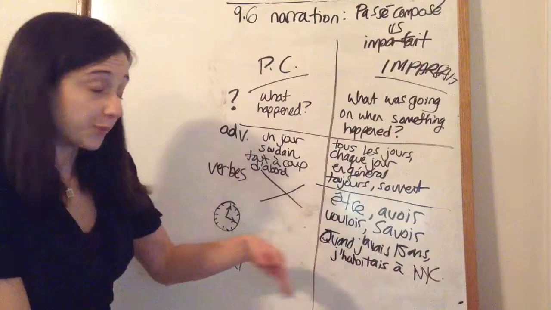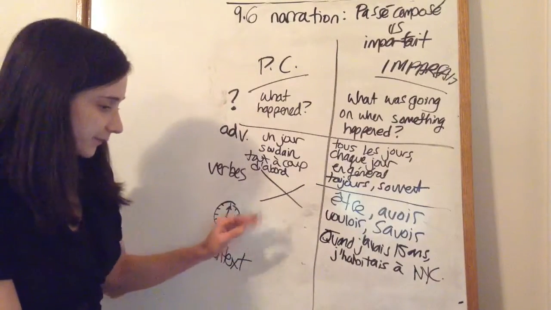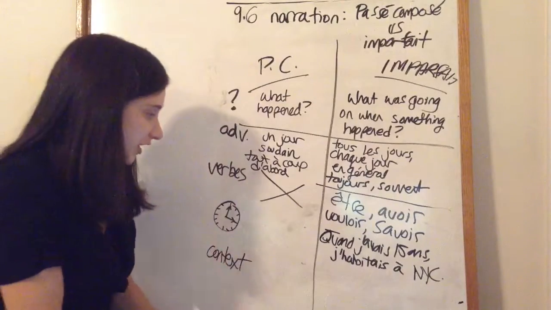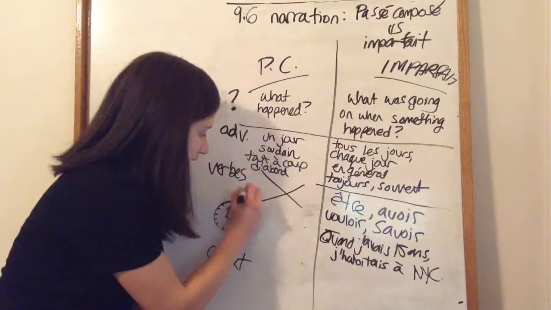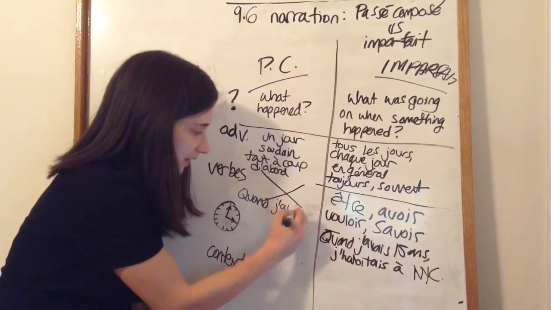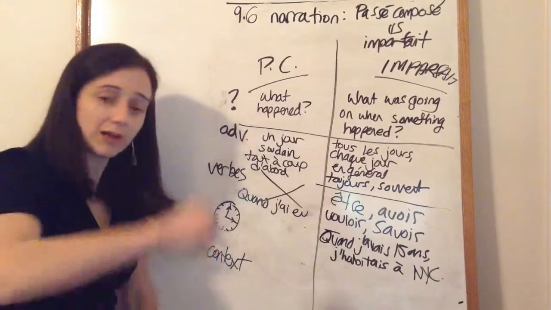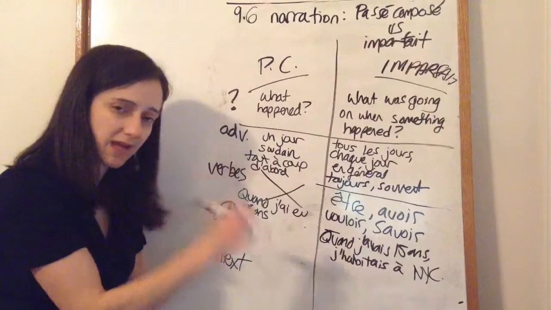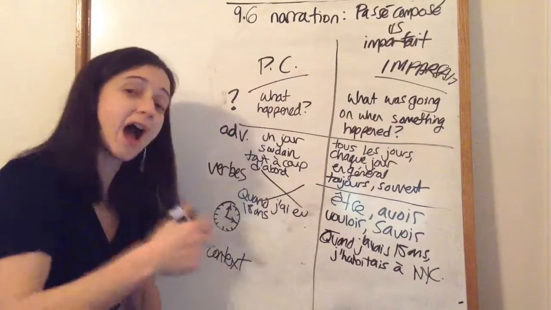I used to live. But we can use that same thing on the other side, and we're describing a certain action interrupting things. So, quand j'ai eu 18 ans, when I was 18, at one point, I moved.